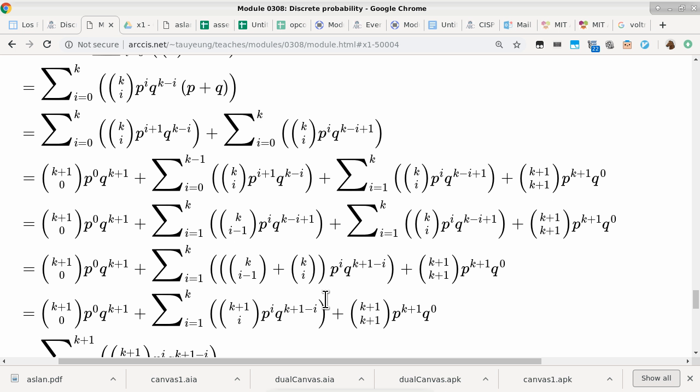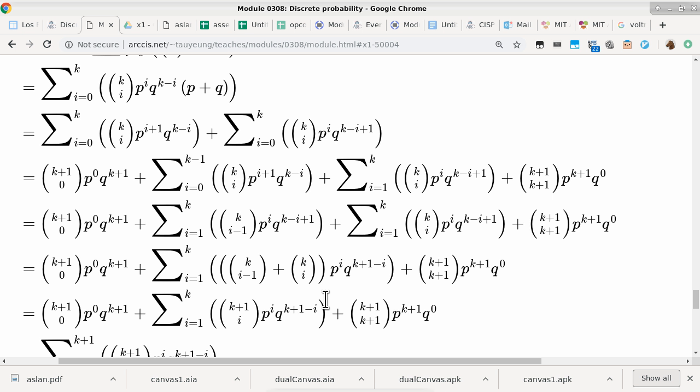Is that okay? Now things are looking pretty cool, because where we had k plus 1 and then k here and things all over the place, now we consistently have k plus 1 choose 0, k plus 1 choose 1 through k, and then k plus 1 choose k plus 1.